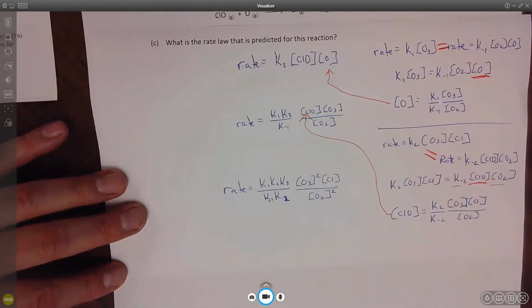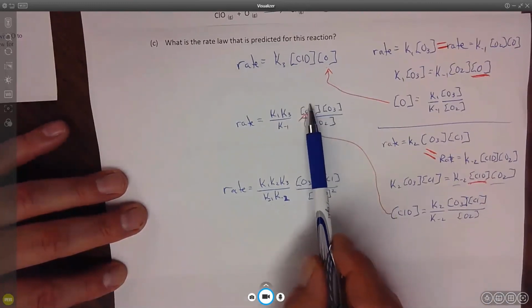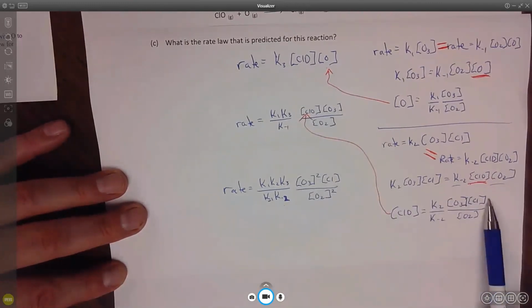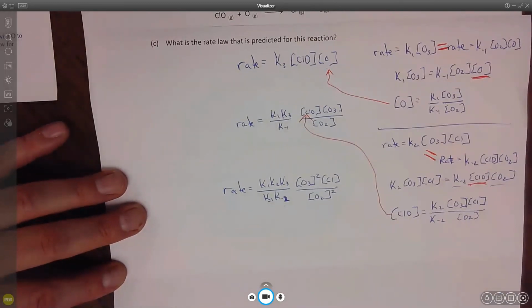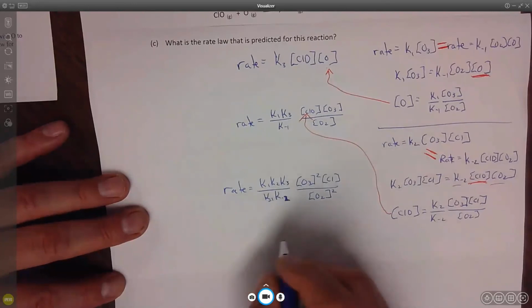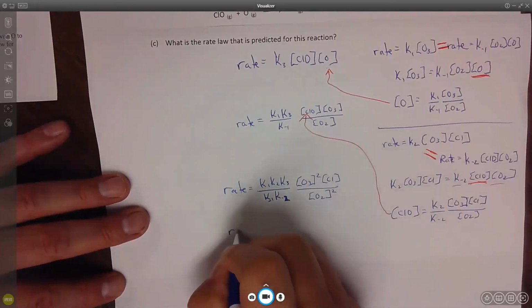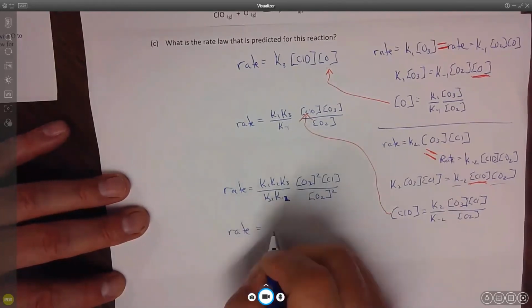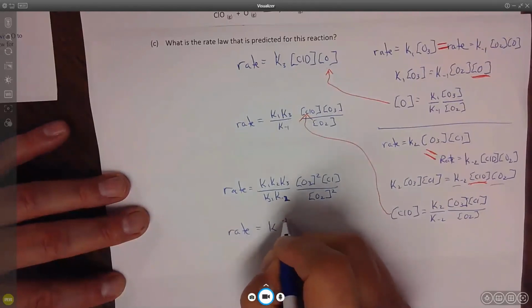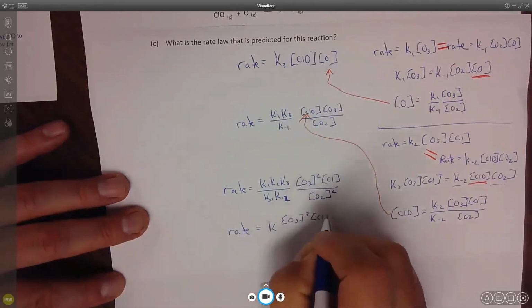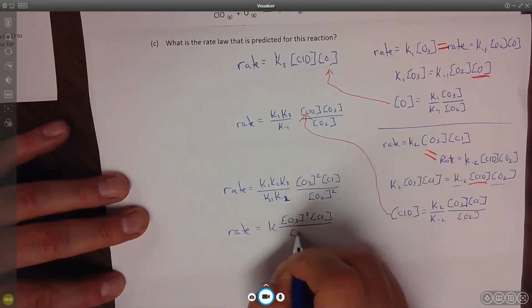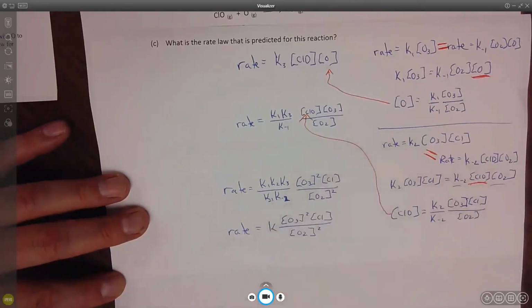Any questions with that? Again, all I did is I replaced this with this entire thing right here. Now we could rewrite this thing. You could write it as rate is equal to K times the concentration of O3 squared, Cl, over O2 squared.